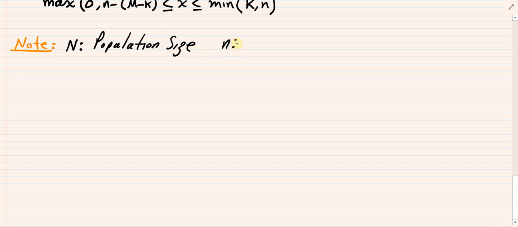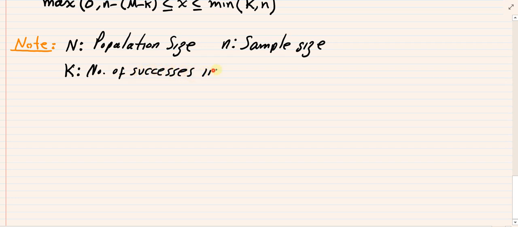Little n, of course, is the size of the sample or number of trials, right? This would be the sample size, and in this notation also the capital K here is actually the number of successes in the population.